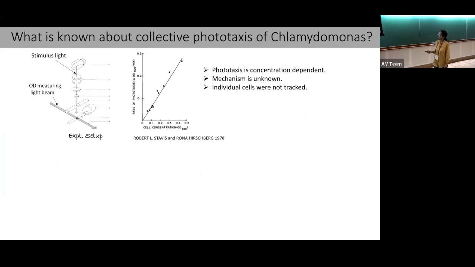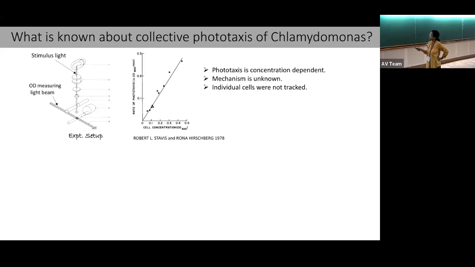So what is known about the collective phototaxis of cells? The biologists did observe collective phototaxis. These are classical experiments where you have the stimulus light coming from the top and a cell suspension here, and a beam to measure the optical density.